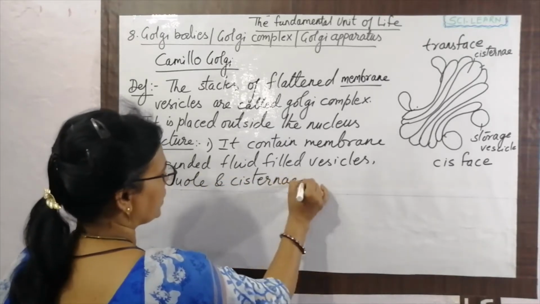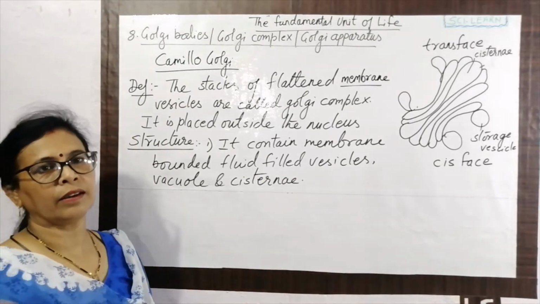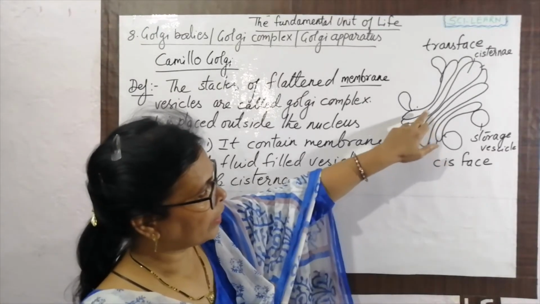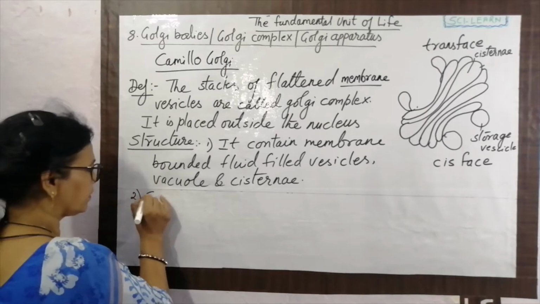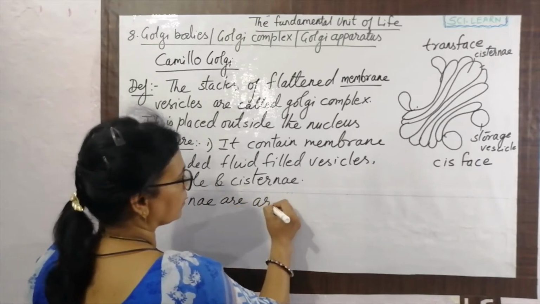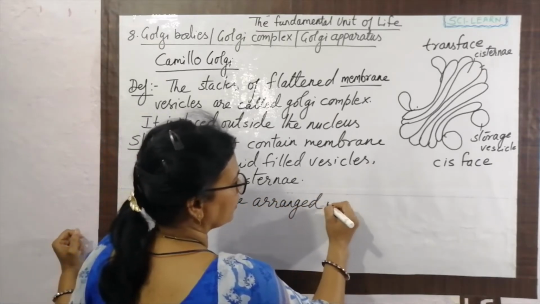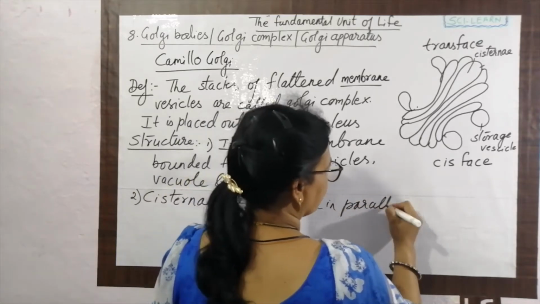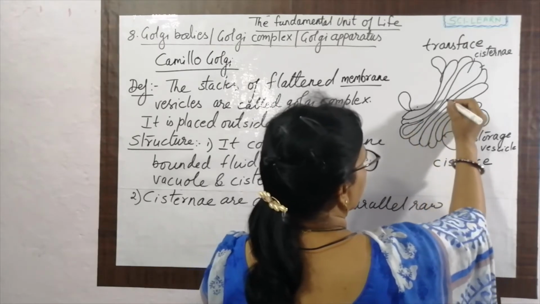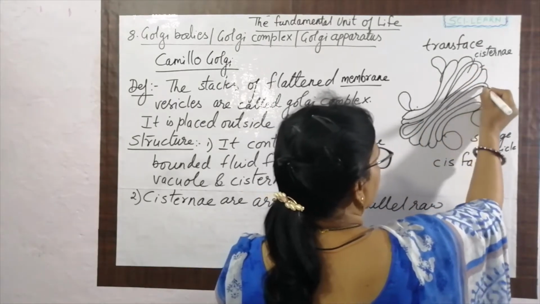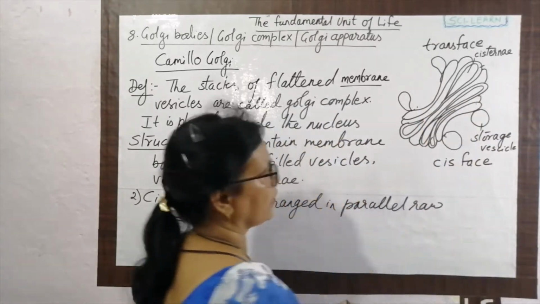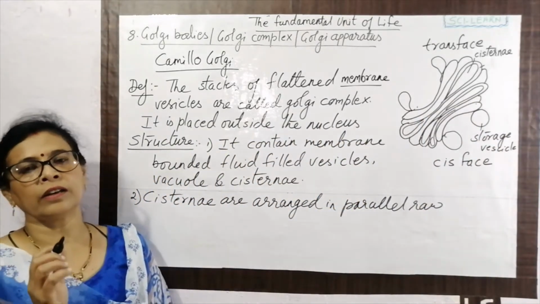And this is a peculiar structural character of the Golgi complex: cisterns are arranged in parallel rows, one over another. Like that. This is the structure of the Golgi complex.